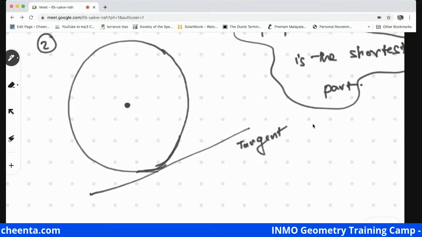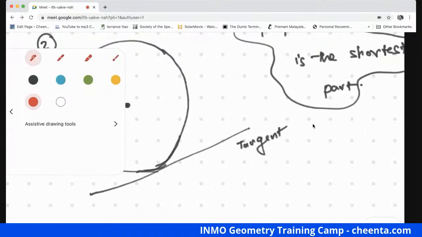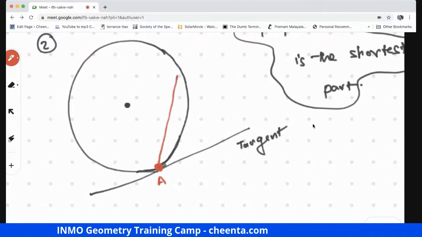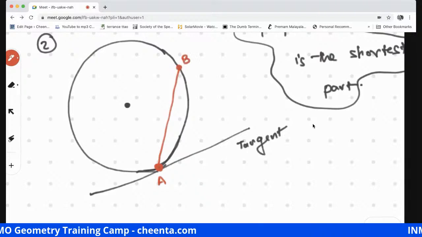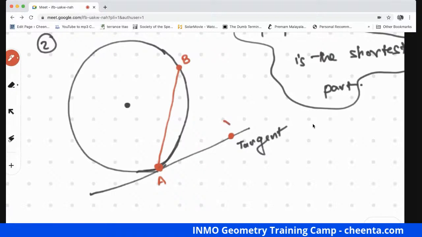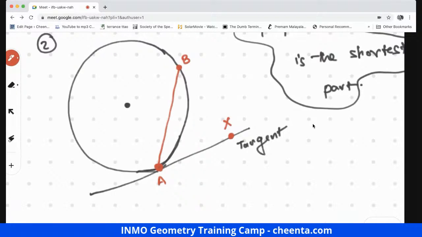So we have the tangent, and suppose we draw a chord. Let's call this point A. Let's draw a chord AB. Starting at the point of tangency, let's mark another point X on the tangent just for reference.